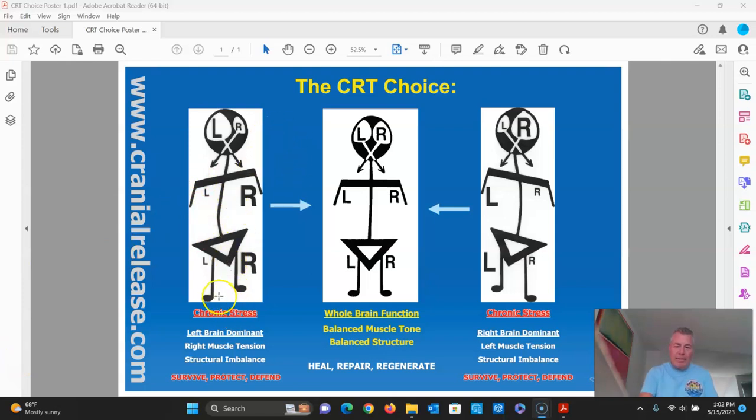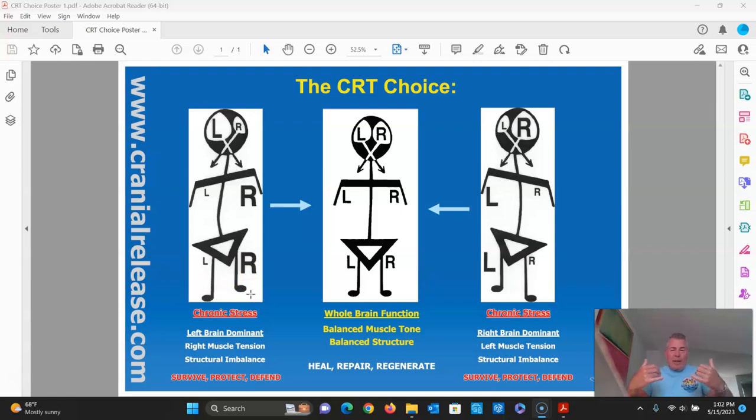In figure number 1, we have a right short leg. This is obviously looking at the patient from the back. Ideally, they would be face up on the table, but I'll just use this, pretend the patient's face up on the table. I check the legs and the right leg is short. One leg is shorter.